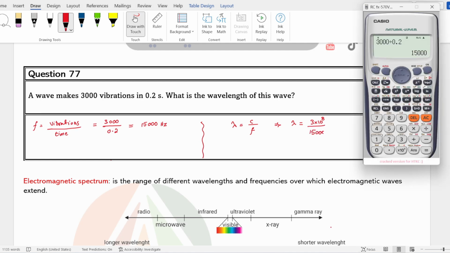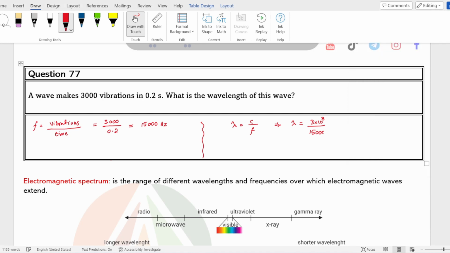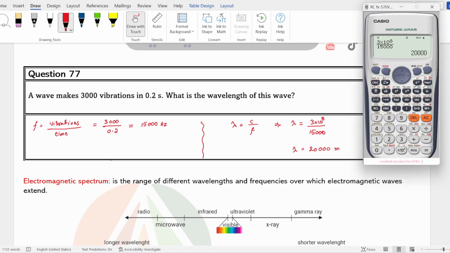Now using the calculator we say 3 times 10 to the power 8 divided by 15,000. يطلع لنا الجواب around 20,000. So again the unit for lambda, this is 20,000 and the unit is in meters. هيك احنا بنكون خلصنا هذا السؤال بشكل كامل.